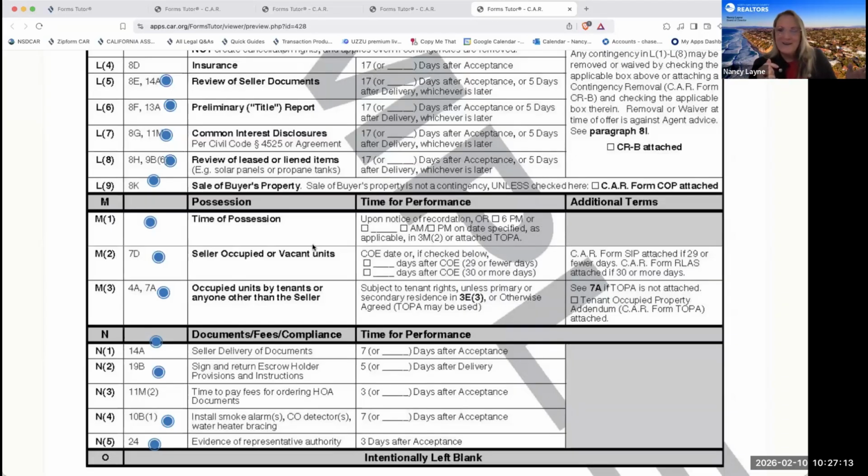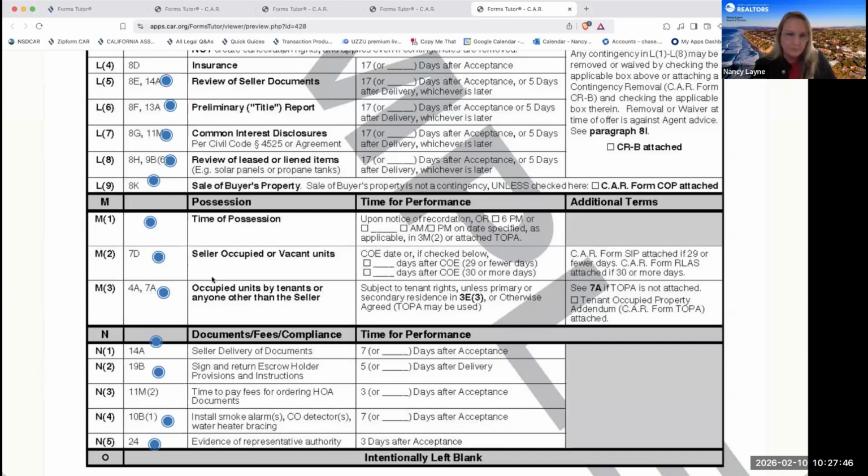So unless they're going to be physically in place to move right into that property, you might want to change the timeline, because it does change their legal responsibility for the property. Once it's been recorded, it is the responsibility of the buyer. If you have a time of possession that's different than the date of recordation, then that will hold. So you would probably want to make sure that you are clear with your buyer as to what their comfort level is with that.